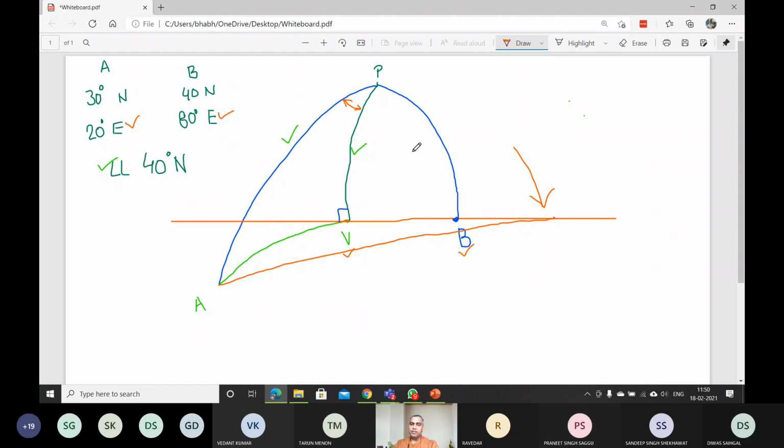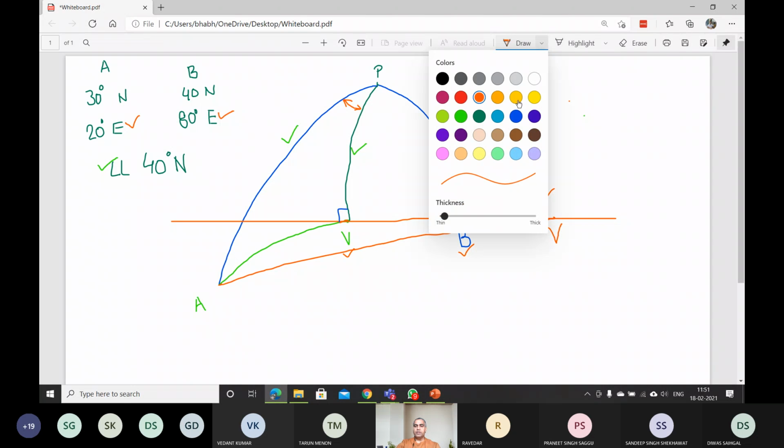Now, in the triangle, we have considered that the vertex is in between A and B. But as I told you, there is a possibility that the vertex may lie outside the triangle. Now, if the vertex is lying outside the triangle, let us say if the vertex is here, then the diagram simply tells us that if we follow a great circle track from A to B, let me make it with a different color.